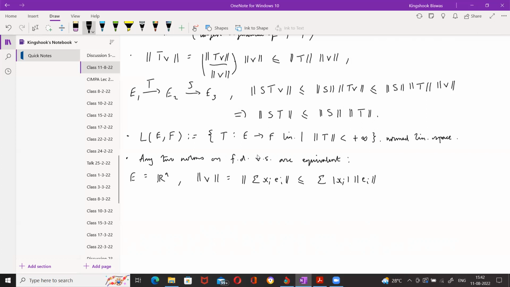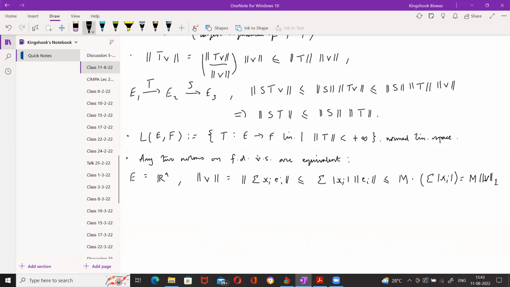There are just finitely many ei's here, so I take the maximum of the norms of the ei's and call that some constant m. So then this will be less than m times the sum of mod xi, which is the L1 norm of x, so the L1 norm of V. So this norm is less than a constant times the L1 norm.